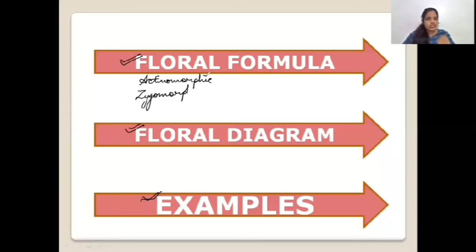In this video itself, I'll tell you the symbols we use to write the floral formula. But since we're discussing these points, I'll just give you a general idea what we are going to study in floral formula. So first thing we are going to discuss is the symmetry of the flower.